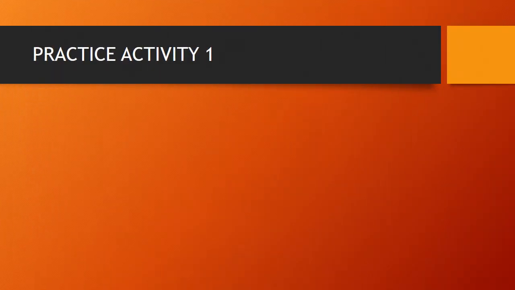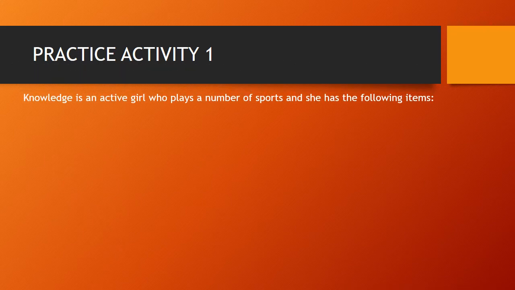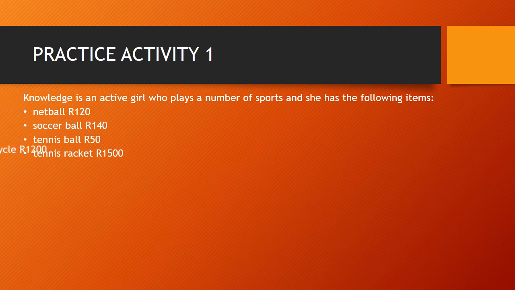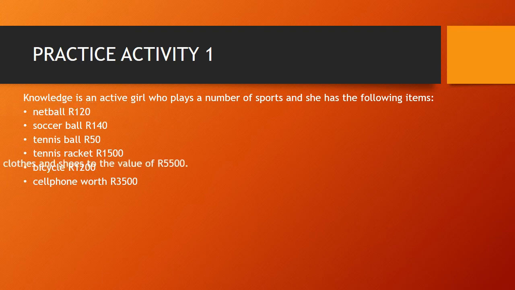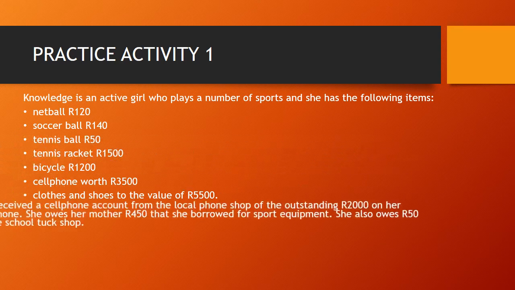Next up, we have practice activity 1. Knowledge is an active girl who plays a number of sports and she has the following items. Netball to the value of 120, soccer ball 140, tennis ball 50 Rand, tennis rackets 1,500, bicycle 1,200, cell phone worth 3,500, clothes and shoes to the value of 5,500.